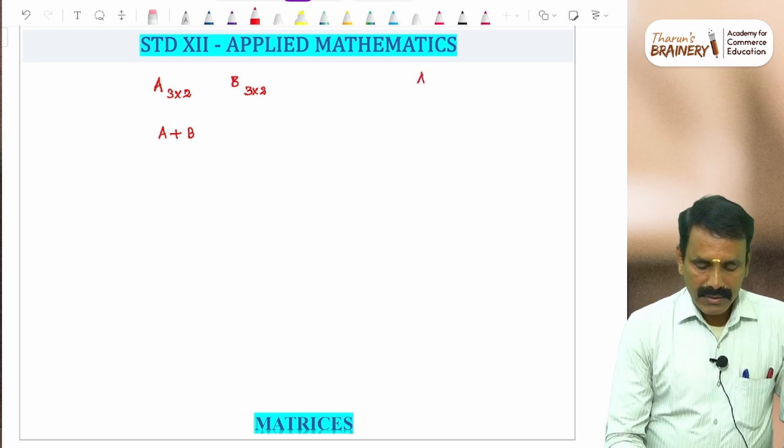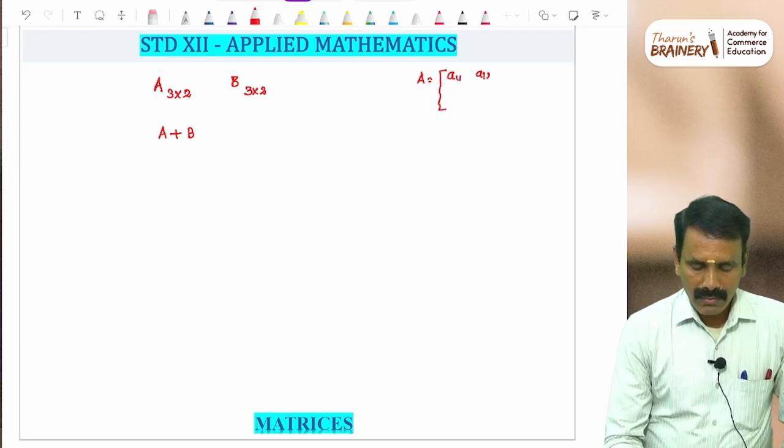So, the A matrix has 3 rows and 2 columns: A11, A12, A21, A22, A31, A32. This is your A matrix.